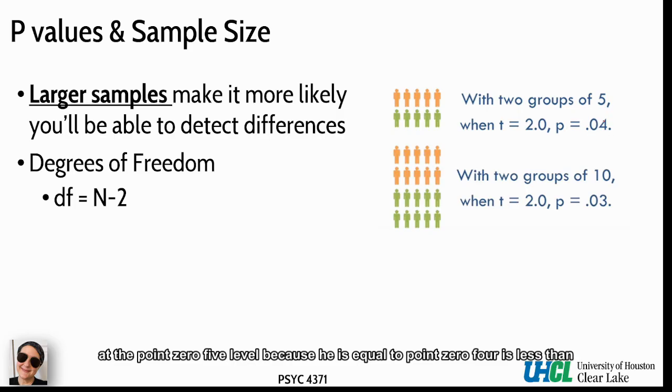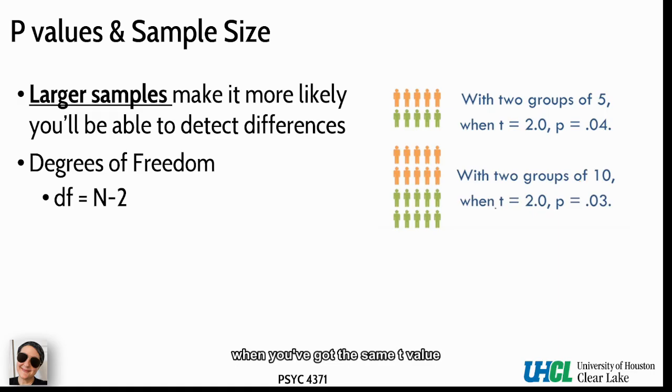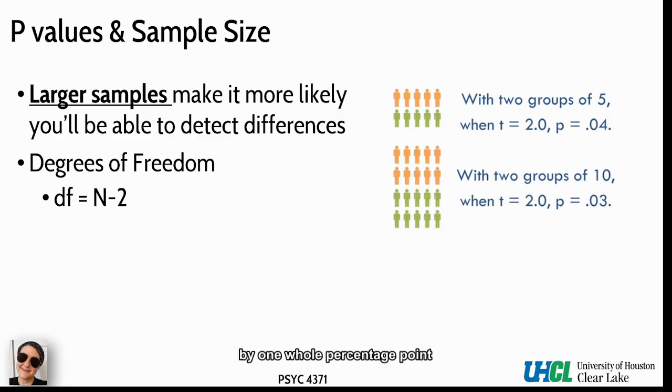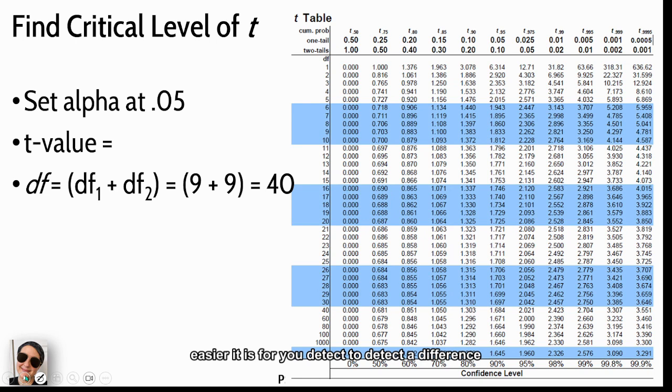It is less than the 0.05 that I've established. But if I've got two groups of 10, with the same t value, my p is still significant. It's still less than 0.05, but you notice it went down by 1 whole percentage point. So the larger your sample size, the easier it is for you to detect a difference.